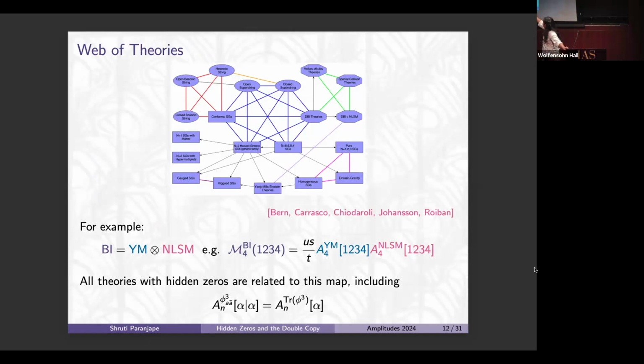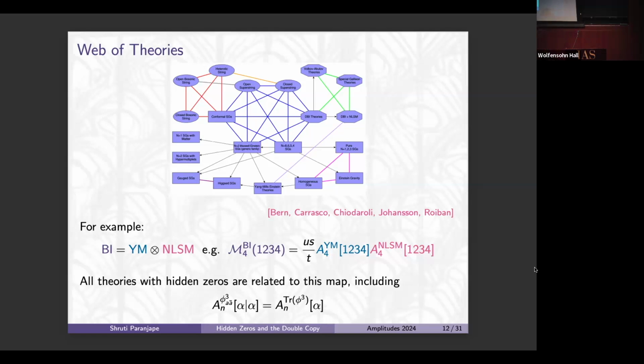This is a web of theories, and okay, so one thinks of the double copy as a map on the space of theories. You say that theory A times theory B gives you theory C at the level of the amplitudes. So for example, if I'm looking at Born-Infeld theory, the amplitudes in Born-Infeld theory are given by the KLT formula between Yang-Mills and nonlinear sigma model. Okay, and then many other examples, and this review is very useful and will tell you everything you need to know about the double copy.